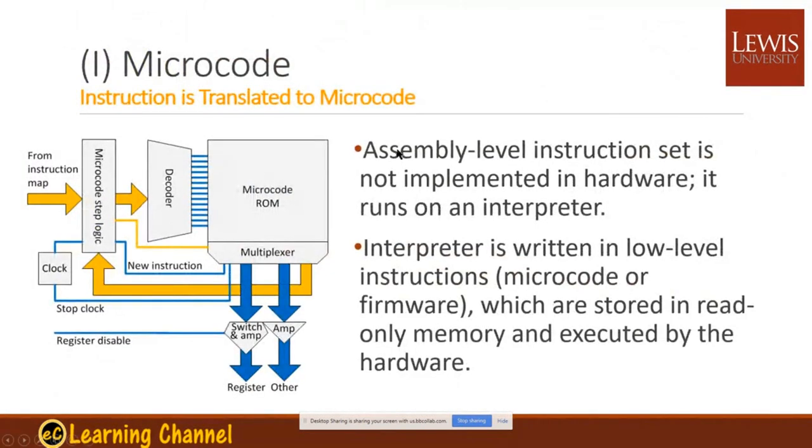Microcode. Microcode is an assembly-level instruction set. Actually, you have the instruction, and originally you need to execute it one by one, but actually you can expand it into microcode memory, and then microcode is just like a tiny program. So you get an instruction, you decode it, and then call some subroutine-type microcode from the memory, ROM.